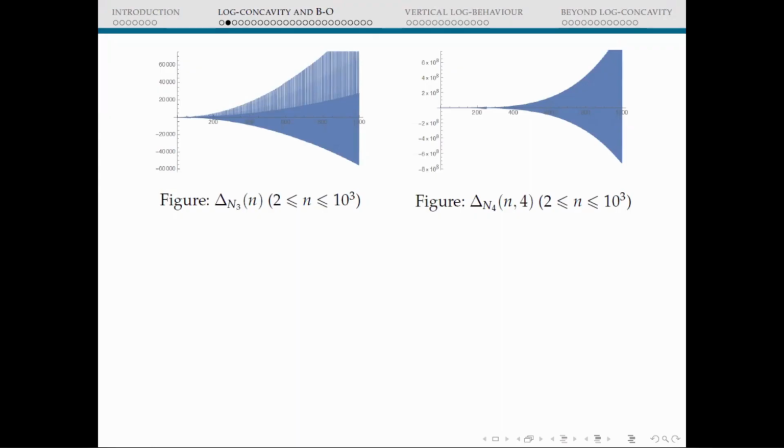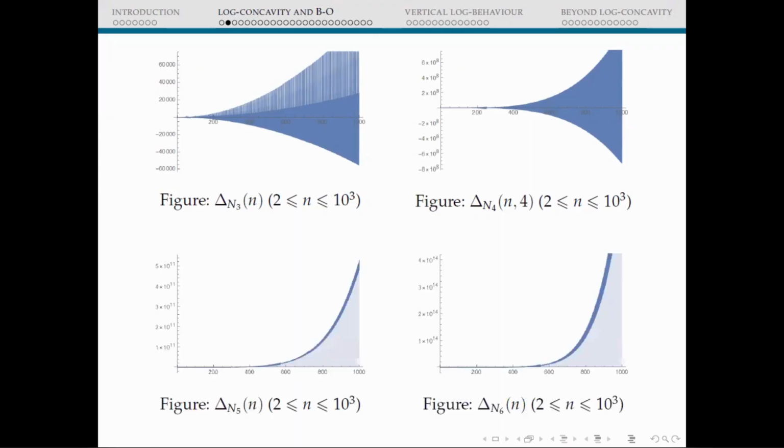However, if we assume that k is at least 5, then it turns out that it will always be positive for sufficiently large values of n. And it is so, more or less, if we have these numbers 1, 2, 3, 4, 5, then whatever we add to our set N_k, we still will have the log-concavity property.